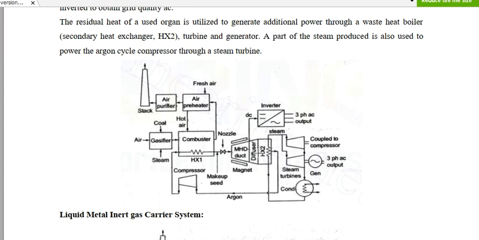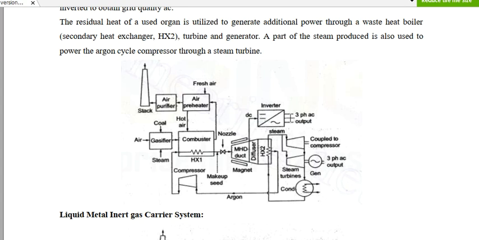Now the exhaust from the MHD generator is used to exchange heat via heat exchanger HX2, which is used to generate steam for use in a conventional steam turbine generator.